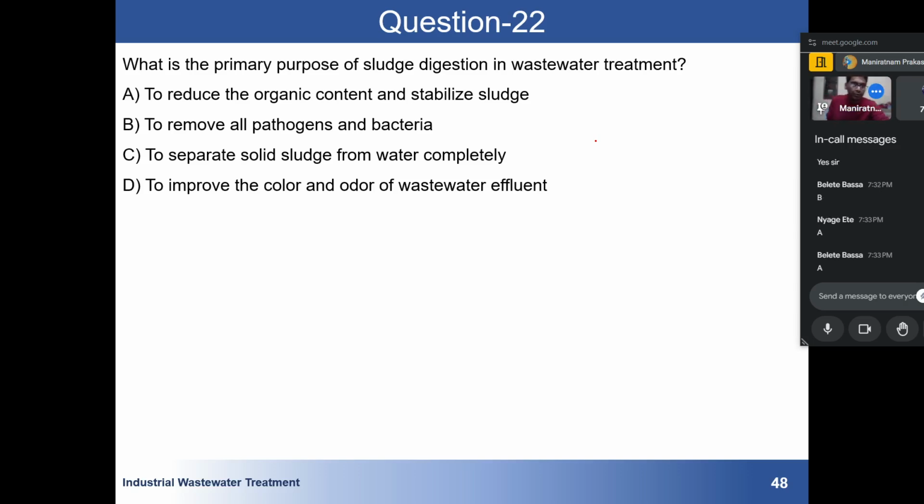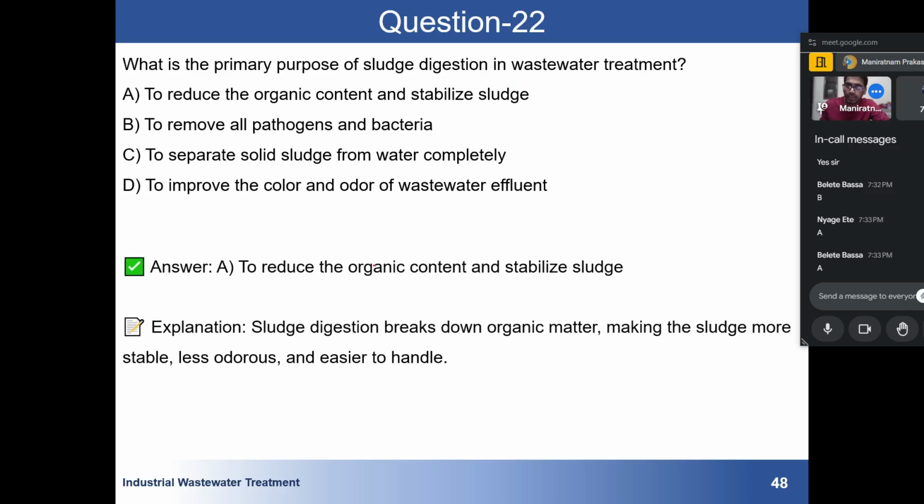Okay, so we have got two answers. That is A, to reduce the organic content and stabilize sludge. That is the correct answer. Sludge digestion breaks down the organic matter, making the sludge more stable, less odorous, and easier to handle.